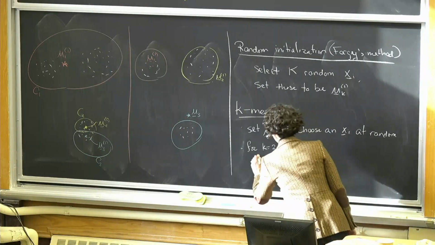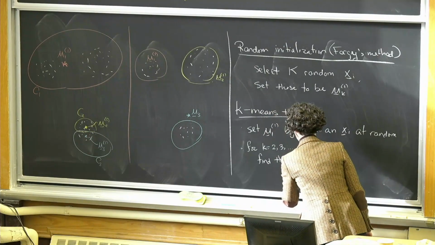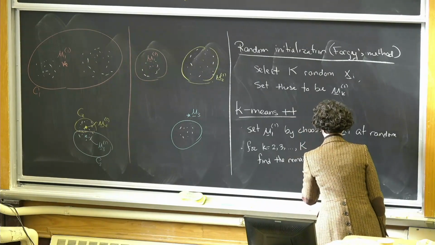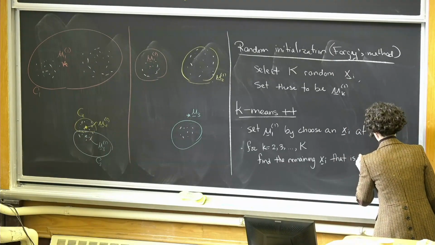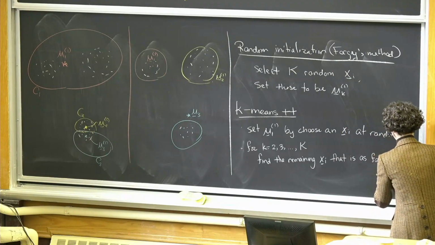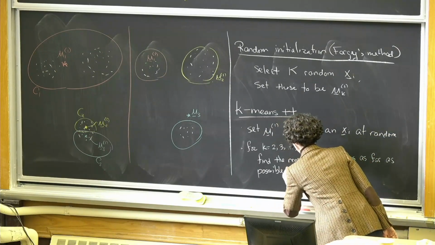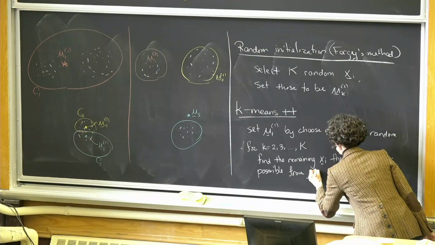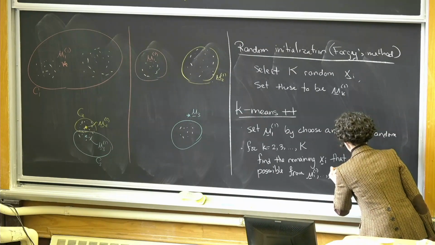So we are going to find the remaining xi that is as far as possible from mu1, 1 all the way to mu little k 1.